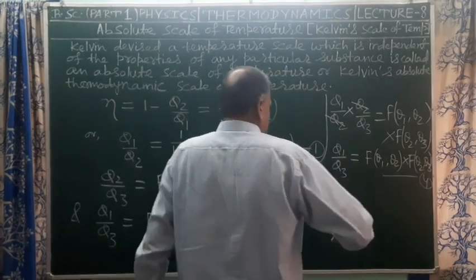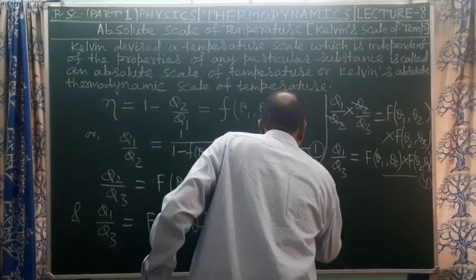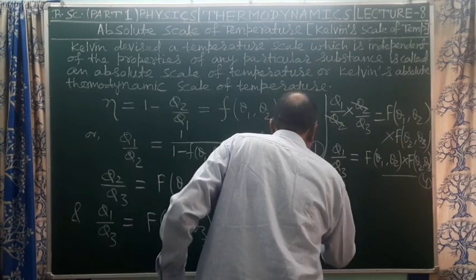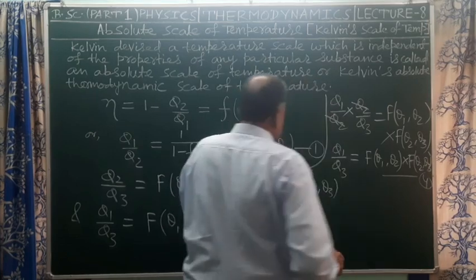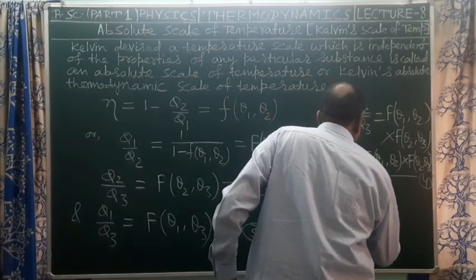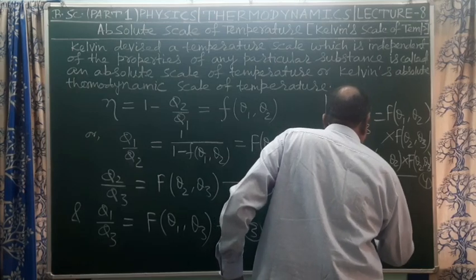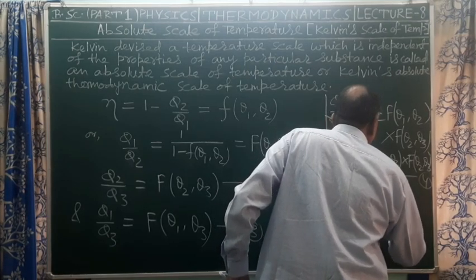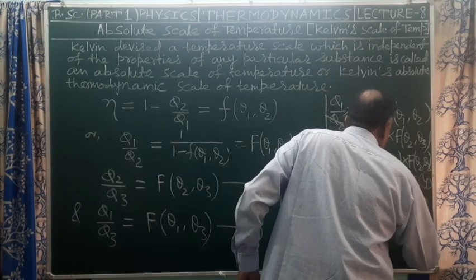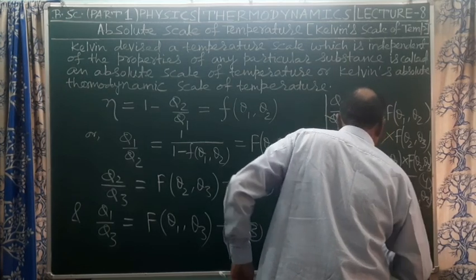Therefore, we have capital F theta 1 comma theta 3 equals F theta 1 comma theta 2 multiplied by capital F theta 2 comma theta 3.